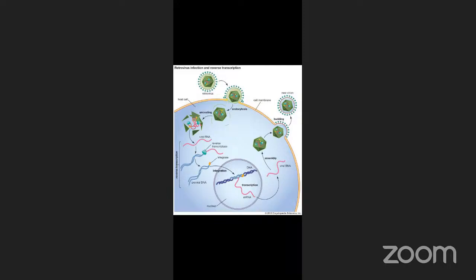After entering the host cell, the viral genetic material is converted into double-stranded proviral DNA, and then inserted into the normal DNA. The conversion of RNA into DNA occurs by the process of reverse transcription, with the help of the enzyme reverse transcriptase.